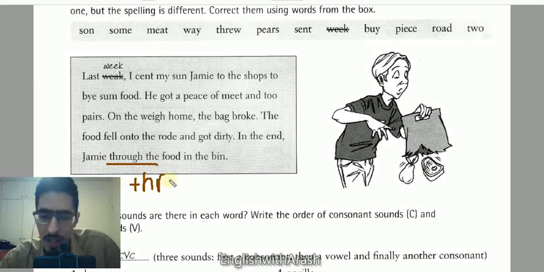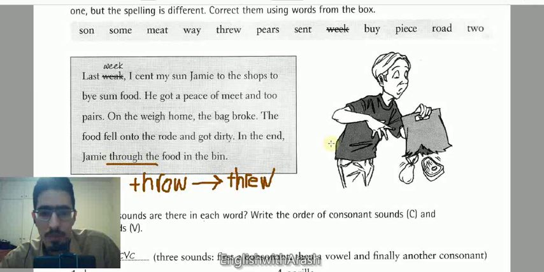Through, good, Jafar. Past form of throw is through. The pronunciation is the same as this, but the spelling is not that. Through. Okay. So that's it.